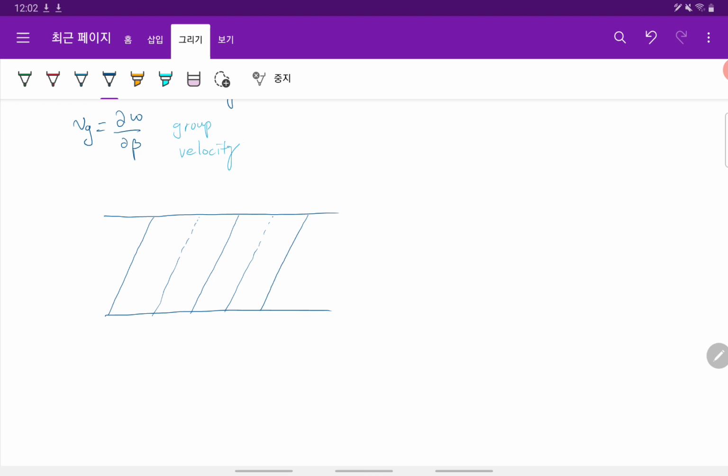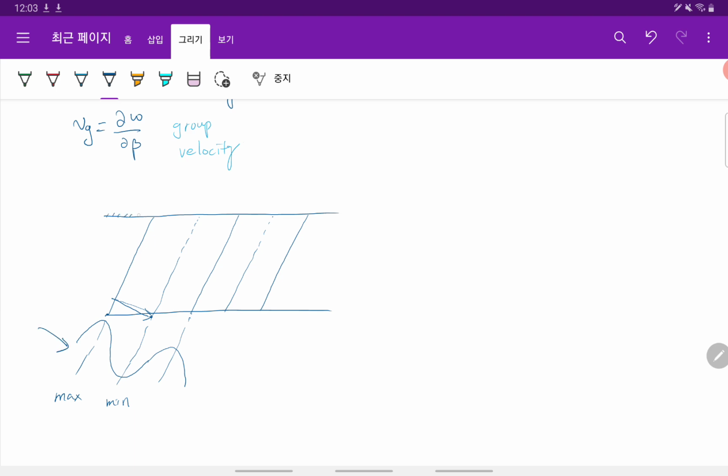So it goes max, minimum, max, minimum. If we extend it, the wave is following like this. This is max, this is min. The wave is propagating in this direction.